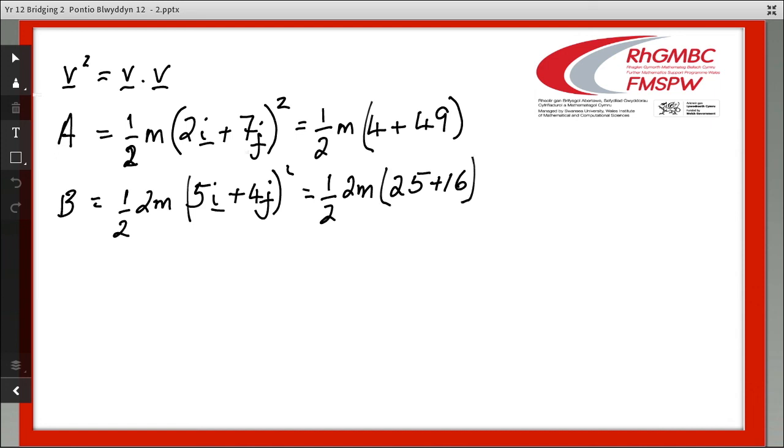And then after the collision, when they coalesce, so it's A plus B, that's going to be a half times 3m, and that's going to be 4i plus 5j squared.